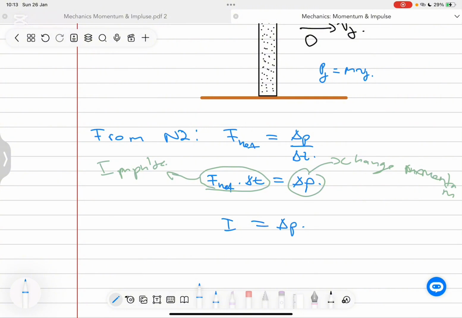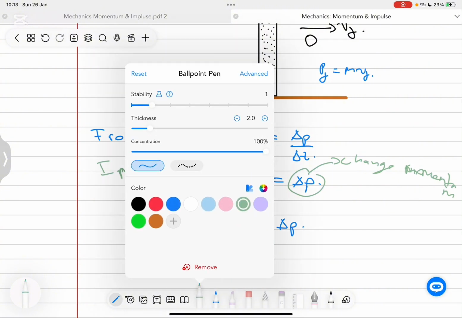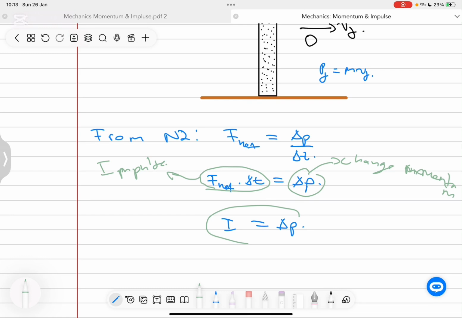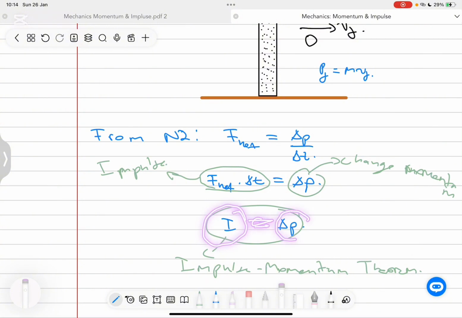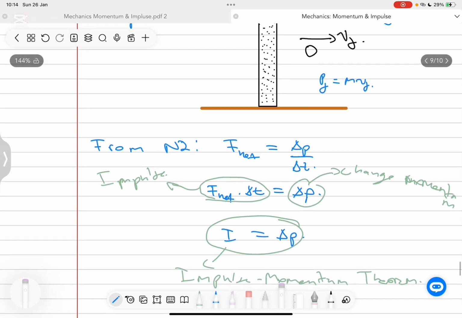And we now call this the impulse momentum theorem, because this equation is saying to us that the impulse of a force is equal to the change in momentum of that object.